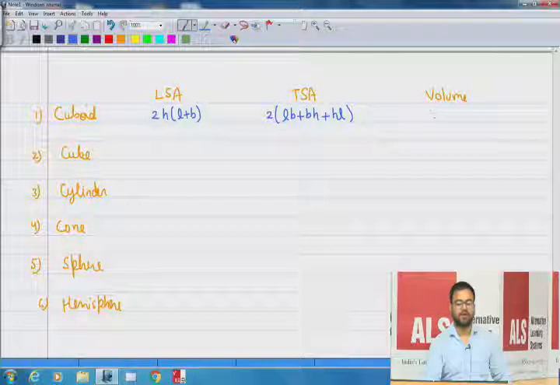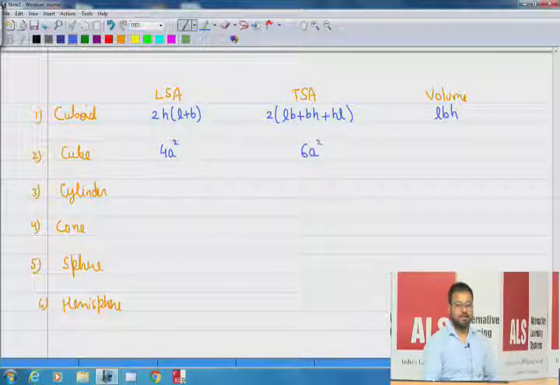And volume of cuboid is length into breadth into height. Similarly for cube, if the side of the cube is A, the lateral surface area is 4A square. Total surface area is 6A square, and volume of the cube is A cube.